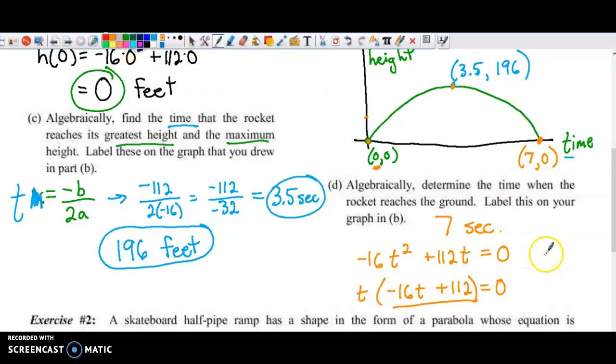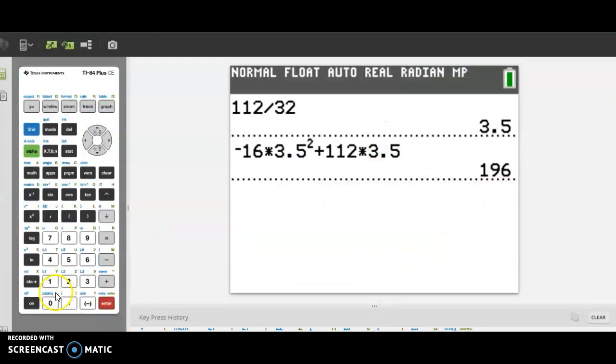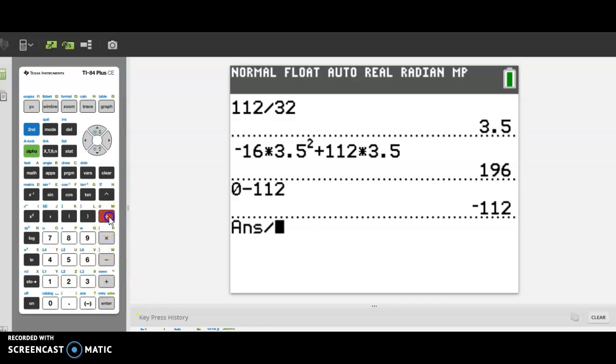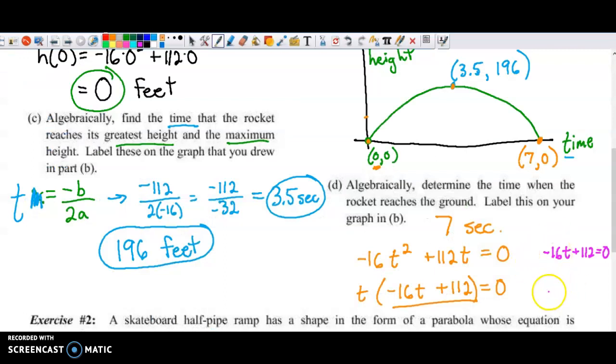Negative 16t plus 112 needs to equal 0. So I need to subtract 112 over. 0 minus 112 is negative 112, and then divided by negative 16 gives me 7 seconds. So t is equal to negative 112 divided by negative 16, and we get 7 seconds. And we already labeled it right there.